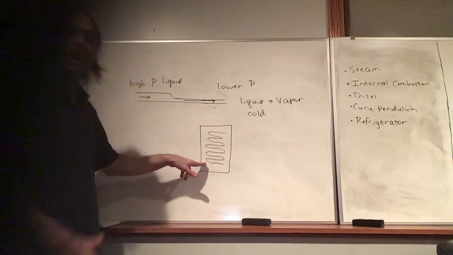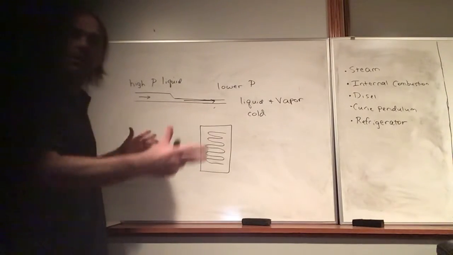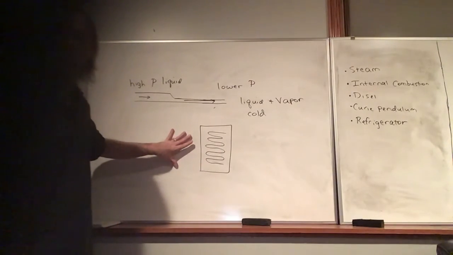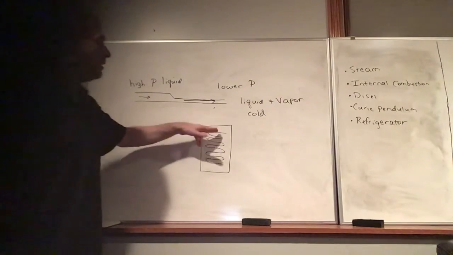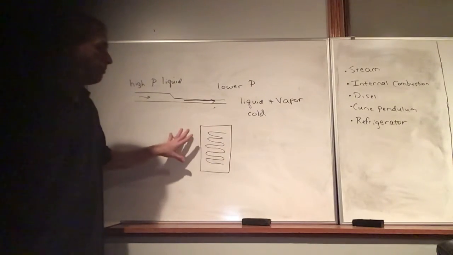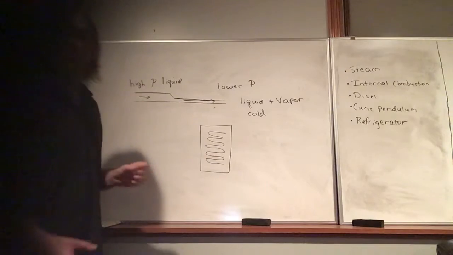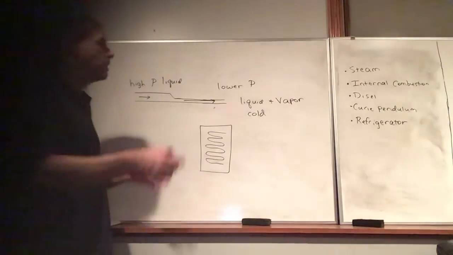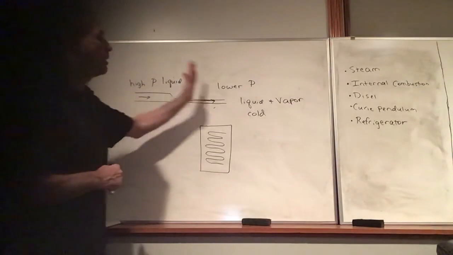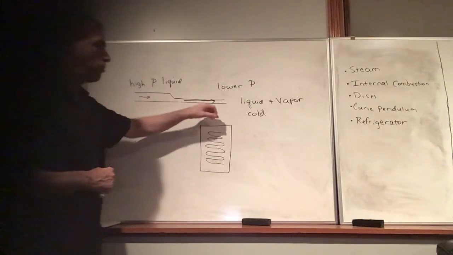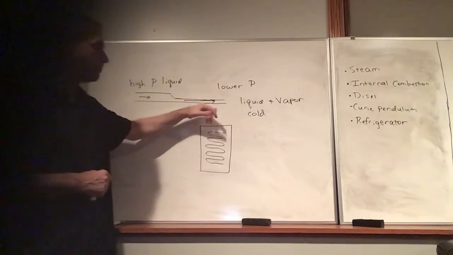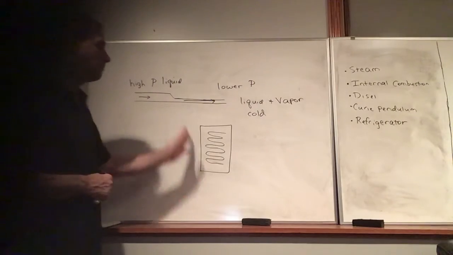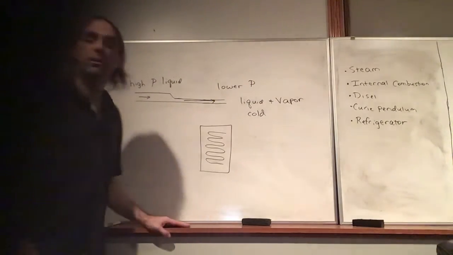It starts out very hot, and now it's going to start shedding that heat into the colder environment. Eventually it'll be back to its initial state, still at a high pressure but at the right temperature. So we run it through the throttler, which is where the cooling occurs, and then we have a cyclic process.